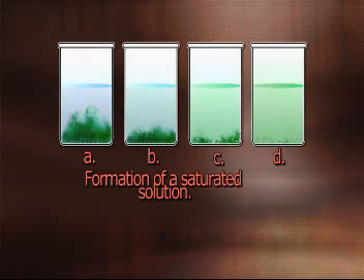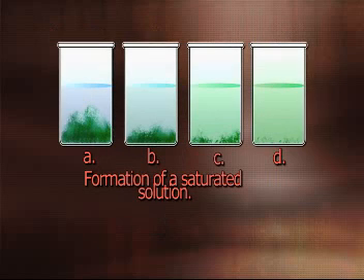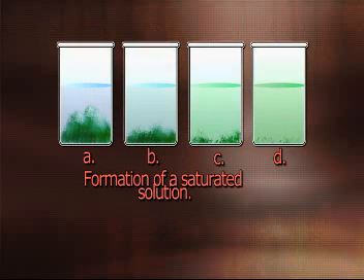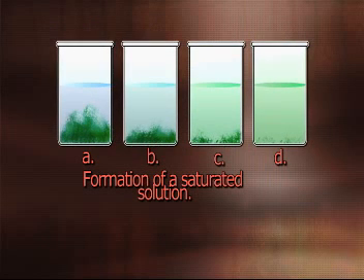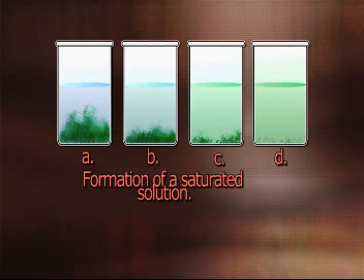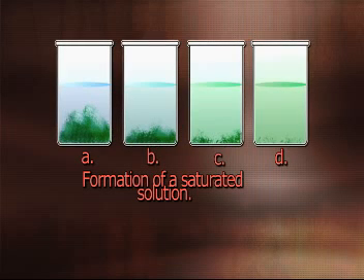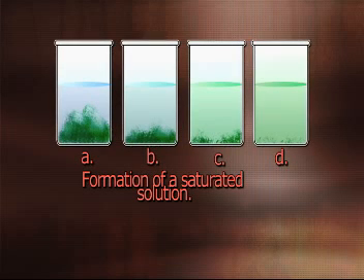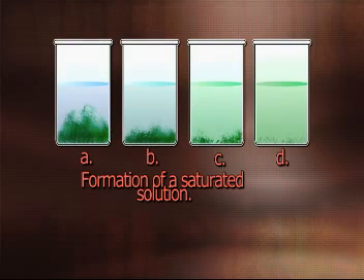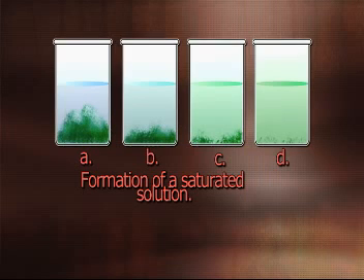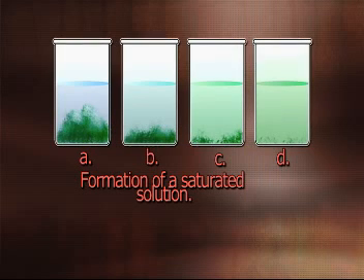Image A shows a colored solid solute added to a glass of water. In the next image, image B, the solution begins to turn a greenish color. This is because the solute is beginning to dissolve.